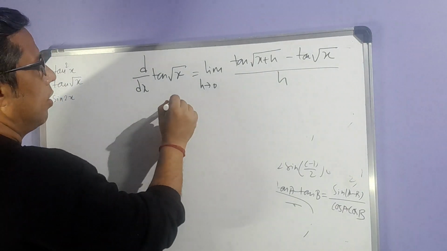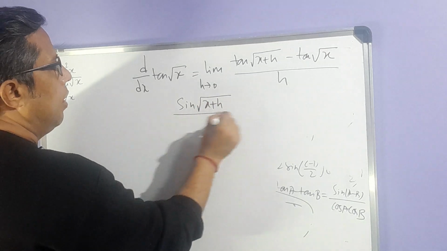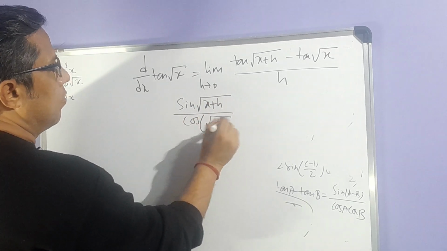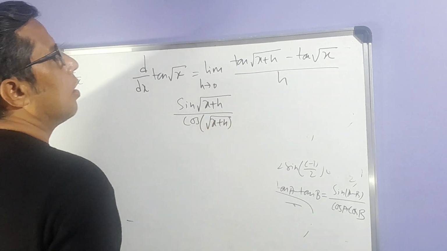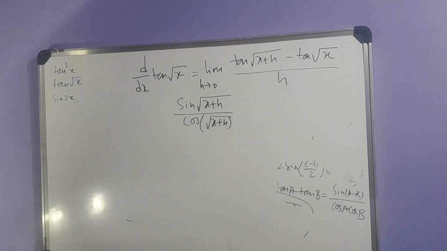So it will be sine of x plus h by cos of x plus h. Or, you know that we have the direct formula, right?